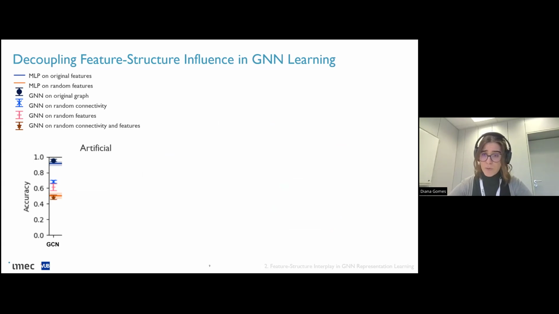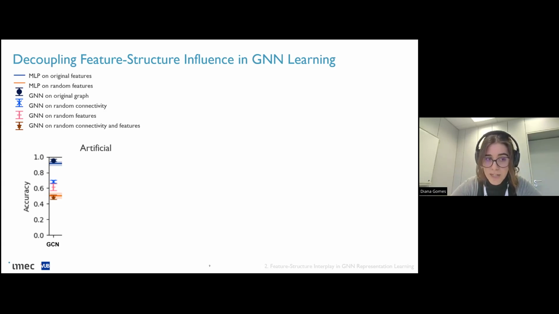And in this figure, we will have as baseline still the MLP with the original features and the MLP on the random features. So essentially, again, just random chance of classification for the baseline of our problem. And then we will have the results for running a GNN on the original graph and on each of the mutations. Ideally, what we would like to see would be something like this.